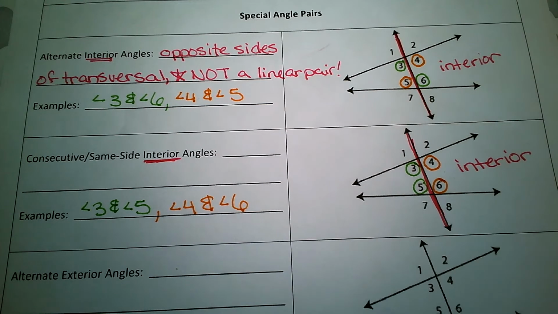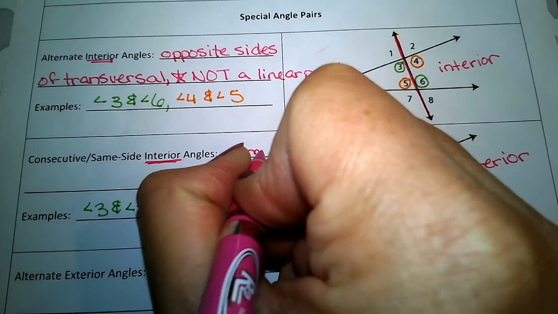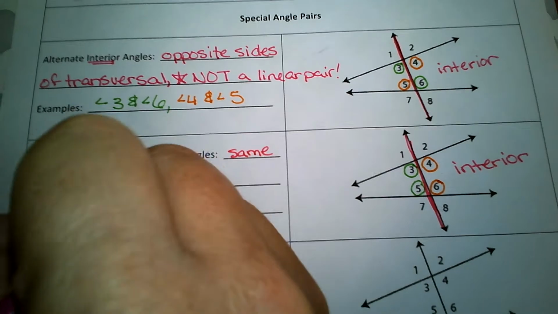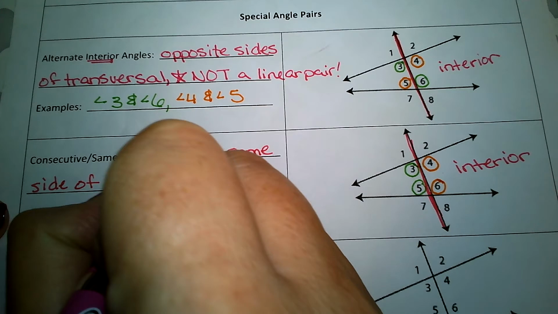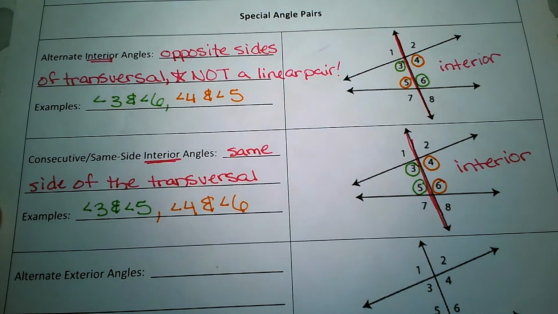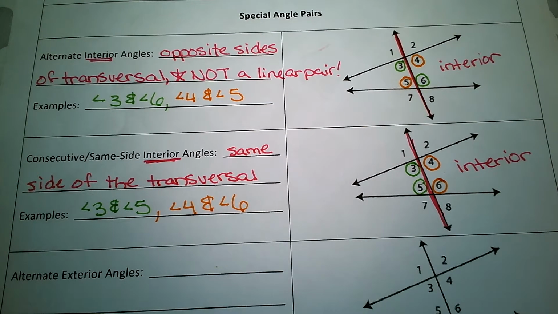A quick description would be they're on the same side of the transversal. Forever and ever, these angles were only called consecutive interior angles, and just recently, the SOL has been naming them same side interior angles.